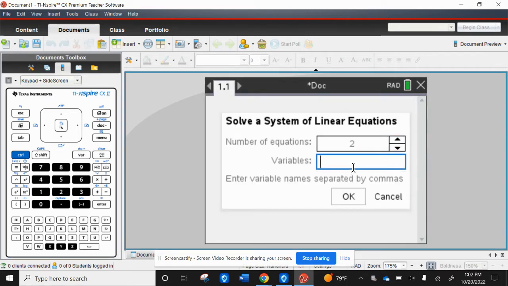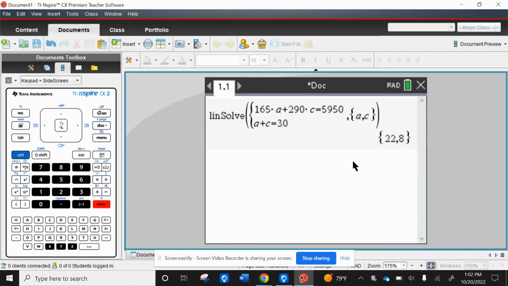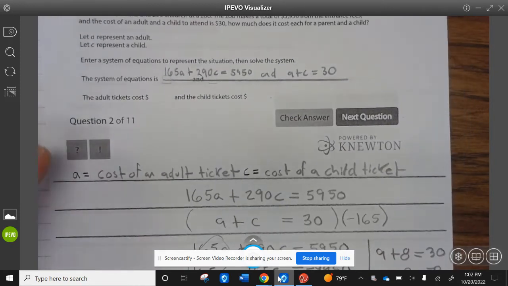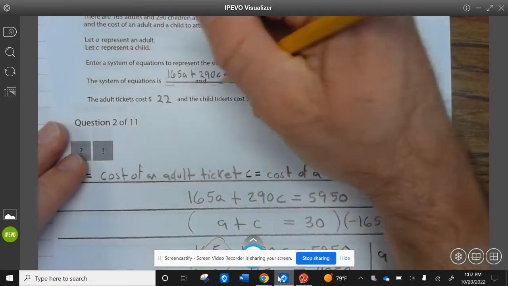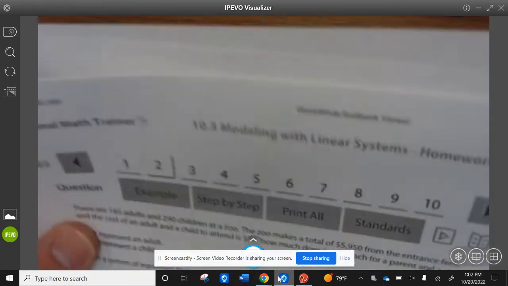Now I'm going to change x comma y to A comma C. And then we have 165A plus 290C equals 5,950, and then A plus C equals 30. And so that checks out. We're correct. So we know that an adult ticket costs $22 and a child ticket costs $8. All right, let's move on to the next example.